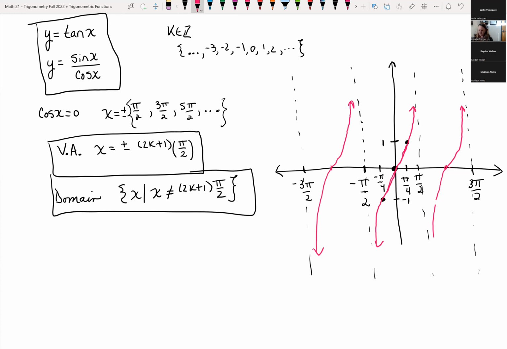And so that's what our tangent of x function looks like. And notice here our range, we're hitting all of our y values. So our range for our tangent function is negative infinity to infinity.